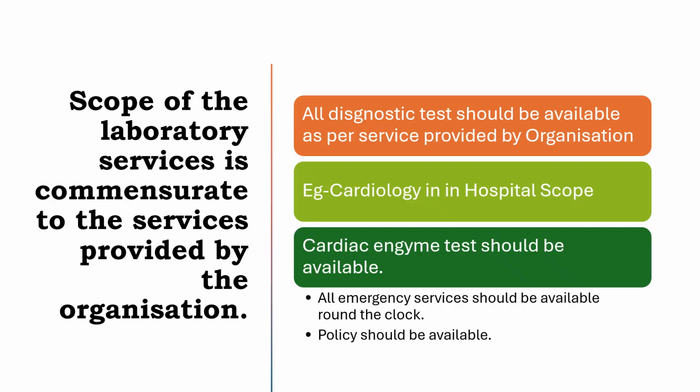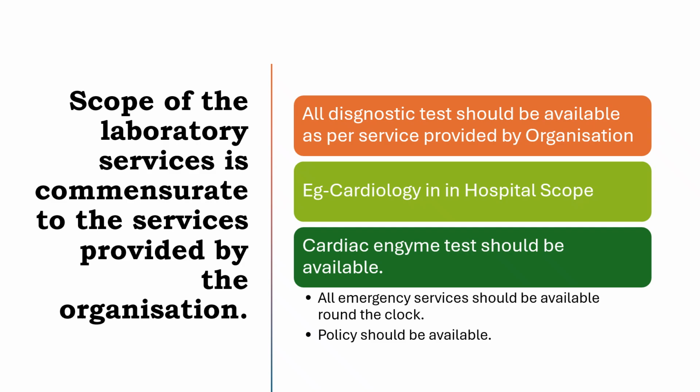So the scope of the laboratory services is commensurate to the services provided by the organization. So your lab scope should be based upon your organization's scope of service. If your organization is providing cardiology, then your cardiac enzyme test should be available in your lab. If your organization is providing neurology, then all neuro related tests should be available in your lab.